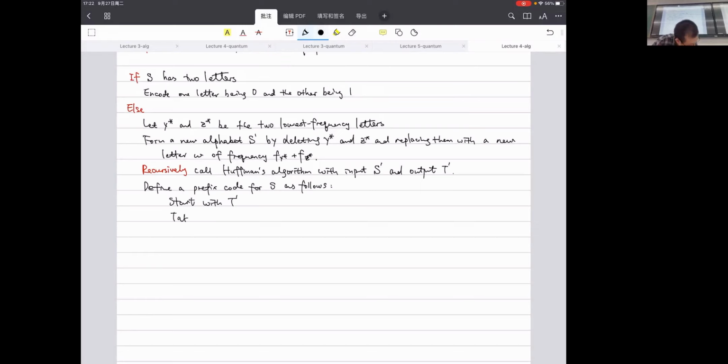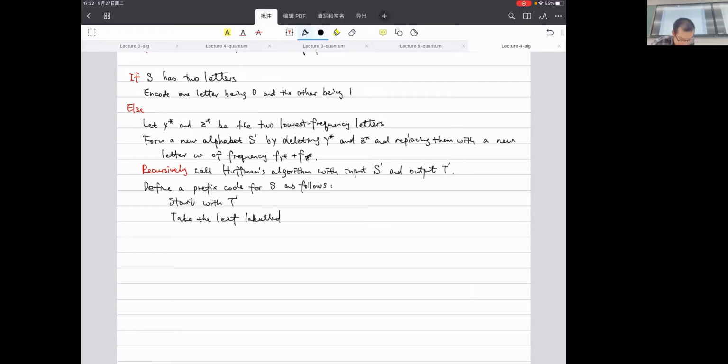This alphabet has size of the cardinality of S minus 1, so we need to restore W, because W is not in the original alphabet.